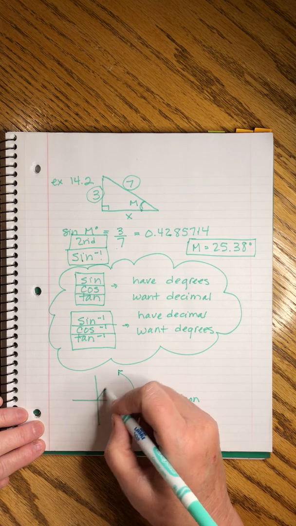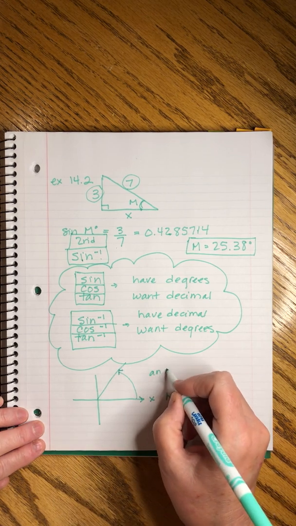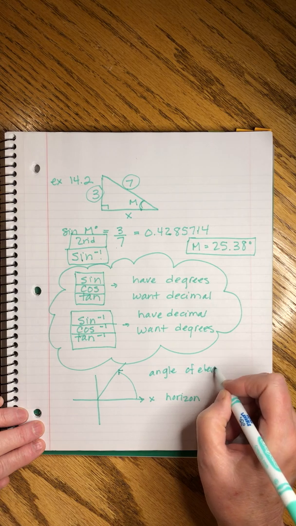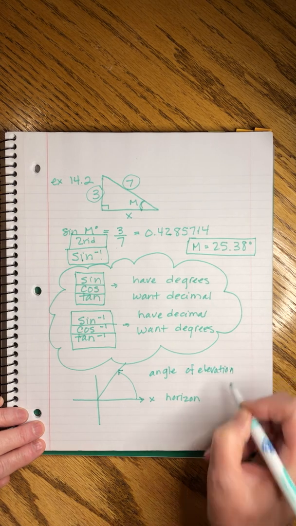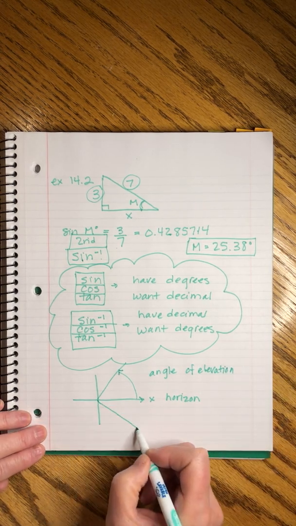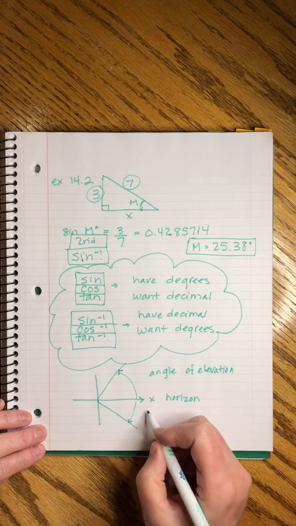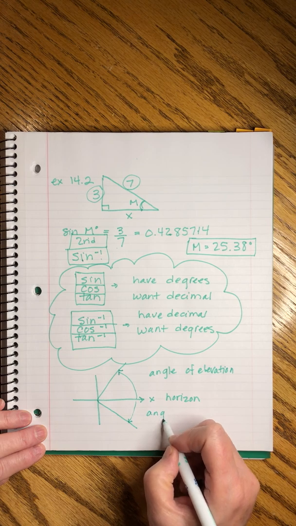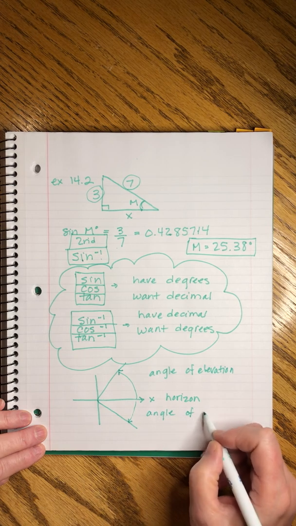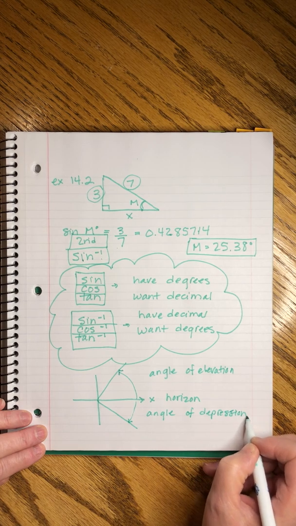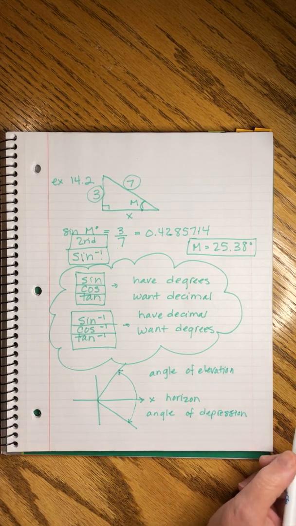And what that creates is what we call an angle of elevation. But sometimes, when we're feeling real crazy, we'll go down from the horizon, and that's called an angle of depression, which sounds sad, but it's not. Okay? So that's just a little terminology.